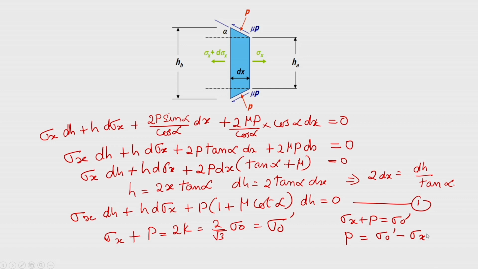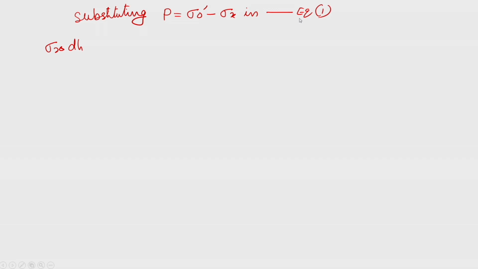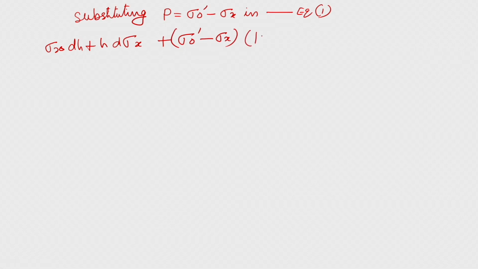If you substitute into equation 1, I will write, substituting p is equal to sigma 0 dash minus sigma x in equation number 1: sigma x dh plus h d sigma x plus sigma 0 dash minus sigma x into 1 plus b dh is equal to 0, where b is equal to mu cot alpha.